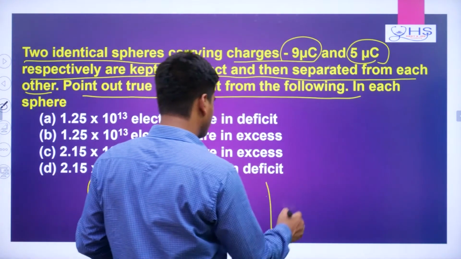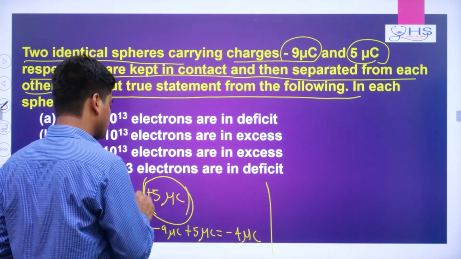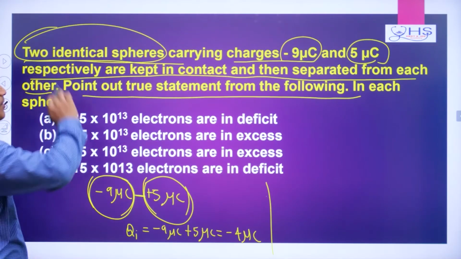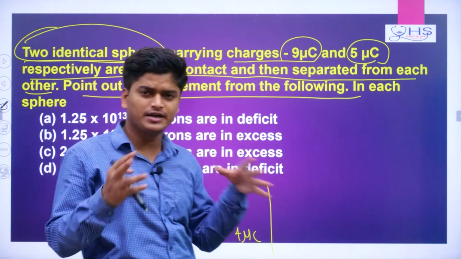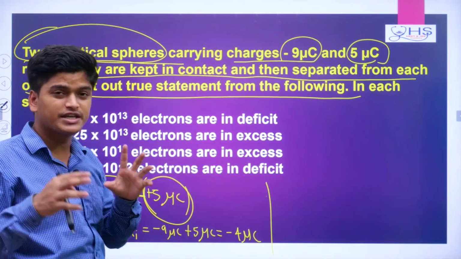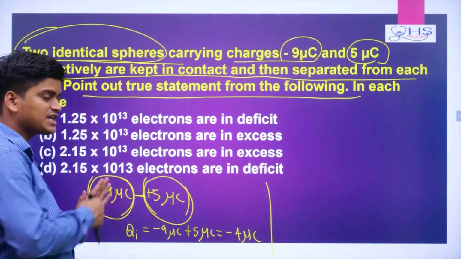Now finally, after contact, when they are connected, see, they are two identical spheres. Remember, if two spheres have different charges but are equal size, identical spheres meaning equal radius, equal size, then they will share the charge equally.